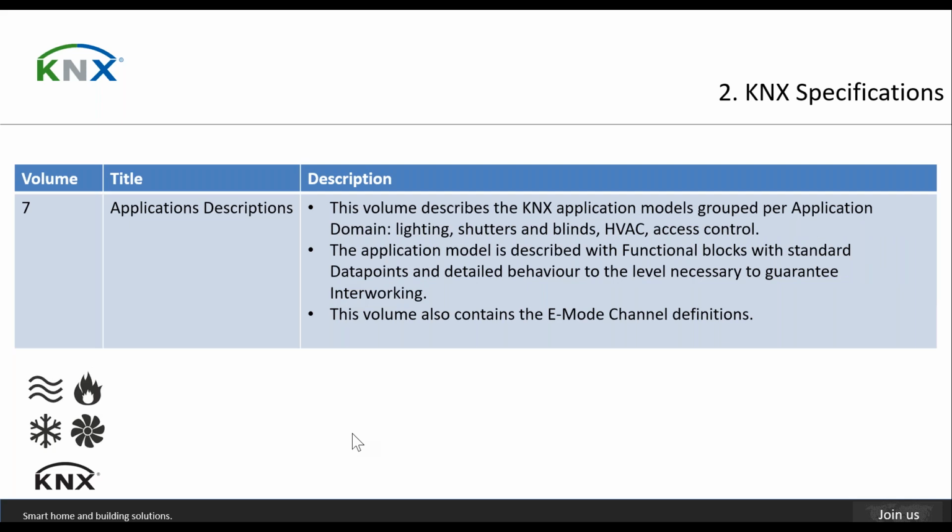Volume 7, applications and descriptions. This is application driven, as the name says, and it's very relevant, especially for lighting, shutters and blinds, and HVAC. Specifically, HVAC is one of the biggest contributors to this volume.